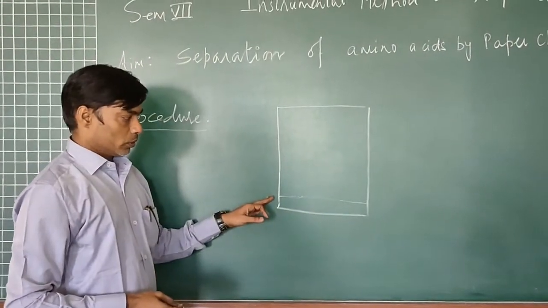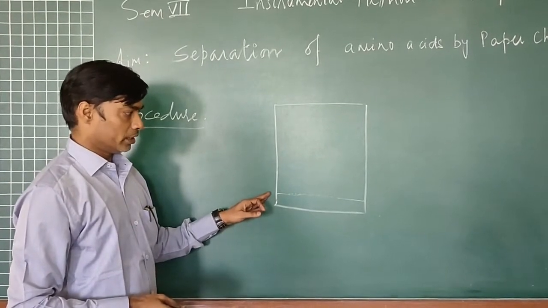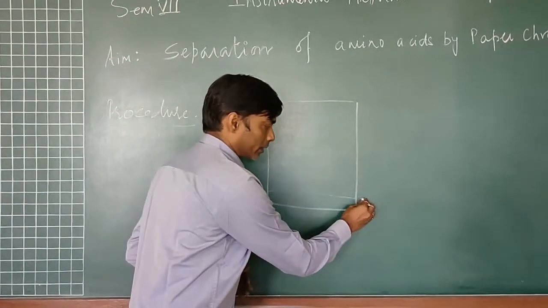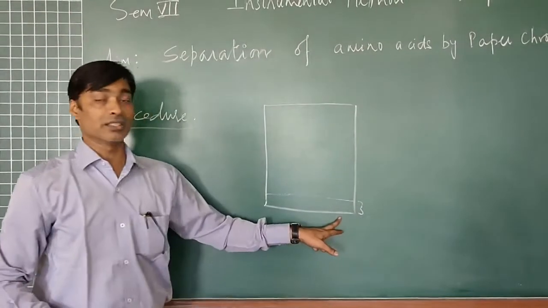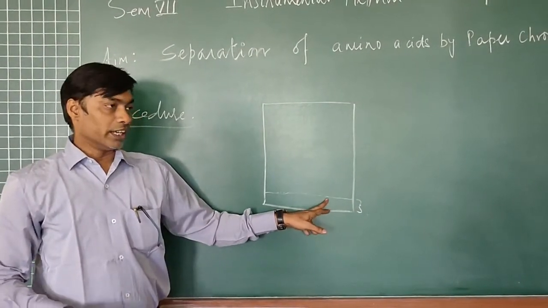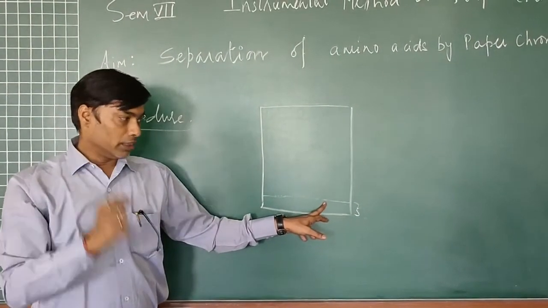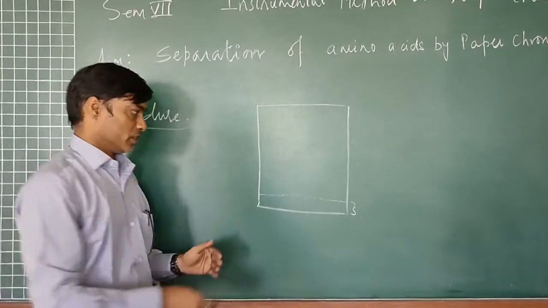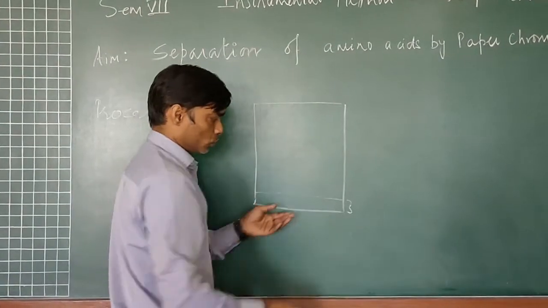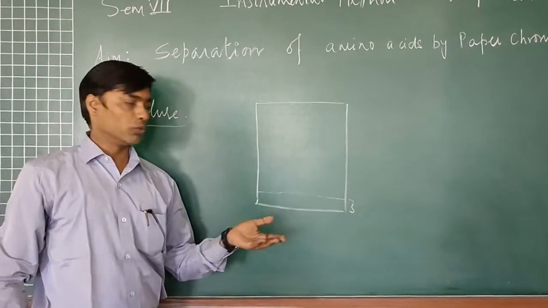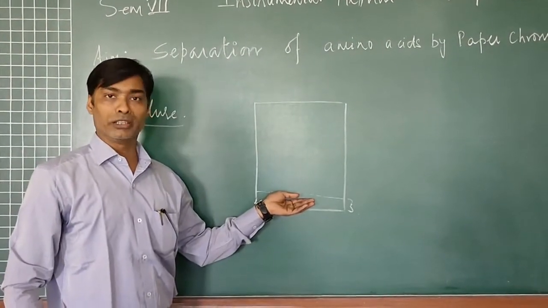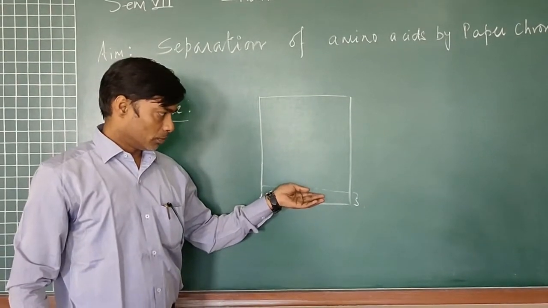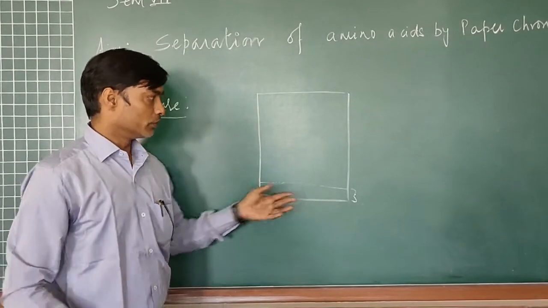Once the origin line is drawn, we have to leave enough space so that when we dip the paper in the developing chamber, the origin line should not go below the mobile phase. So minimum, approximately at least 2 centimeter above the actual end of the paper.